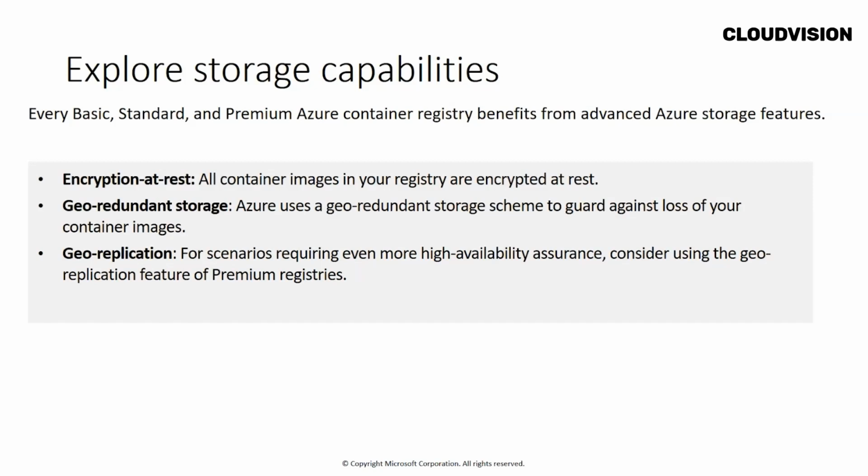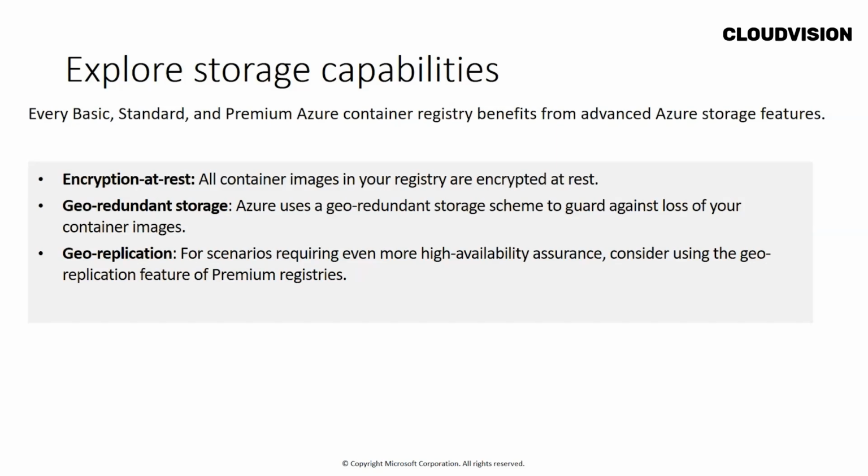By default, all regions except Brazil South and Southeast Asia have the ability to store the images in paired regions, which are in the same geography, except Brazil South and Southeast Asia, because these regions don't have a paired region in the same geography.